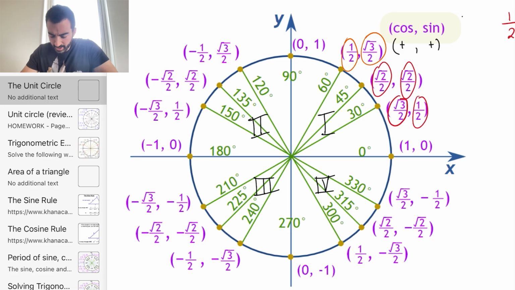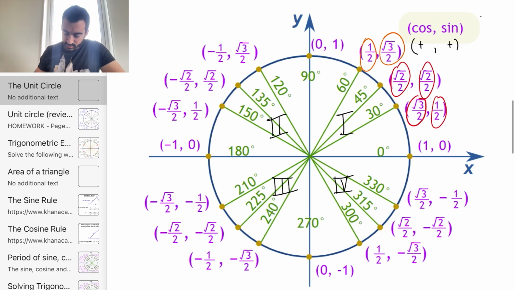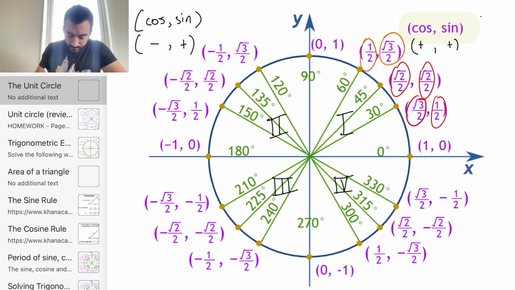Imagine that as the coordinate plane where you have in the first quadrant positive x and positive y. Now when it comes to the second quadrant, I have cos and sine again. However, here the values for cos are negative and the values for sine are positive. The x values are negative, the y values are positive in the second quadrant.